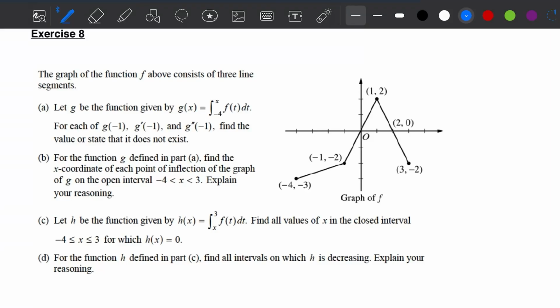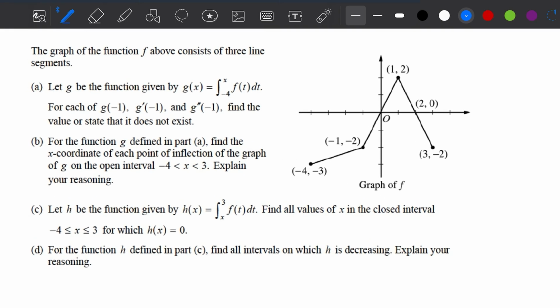Hey everyone, today we're going to be going through Worksheet 5.3 Exercise 8. If we look over the question, Part A introduces the function g of x, defined as the integral of f of t from t equals -4 to t equals x. And we need to find g(-1), g'(-1), and g''(-1).